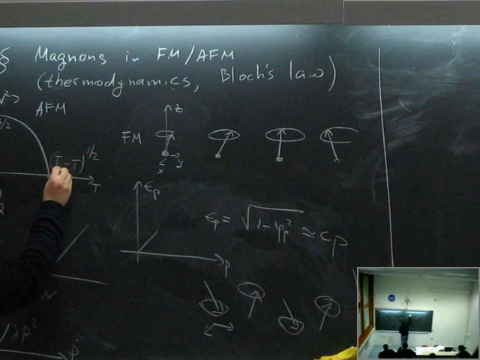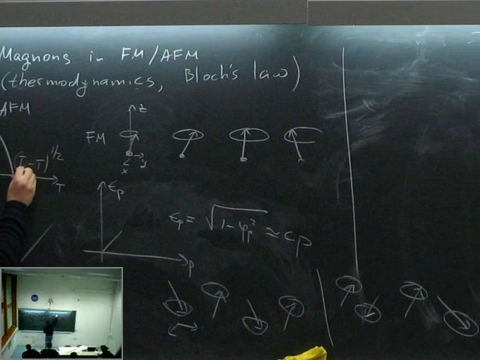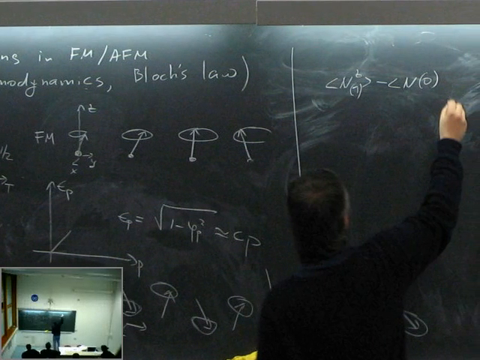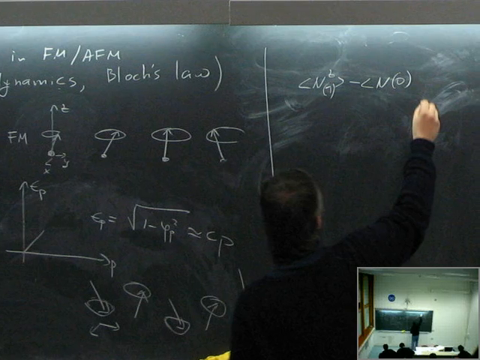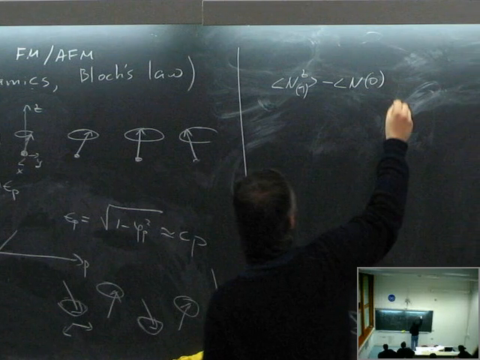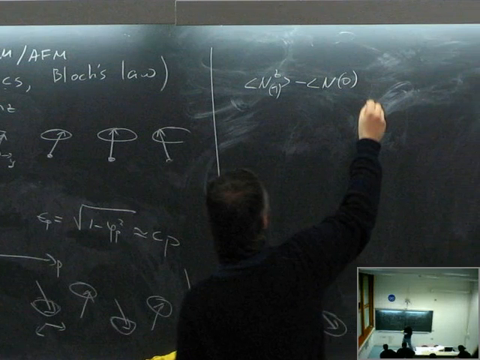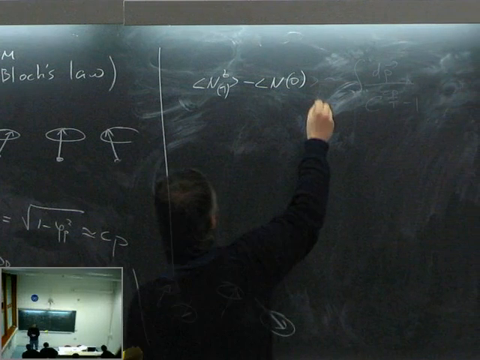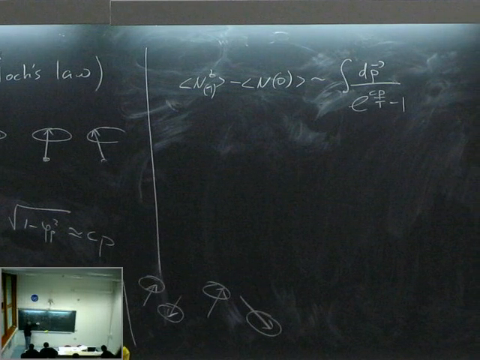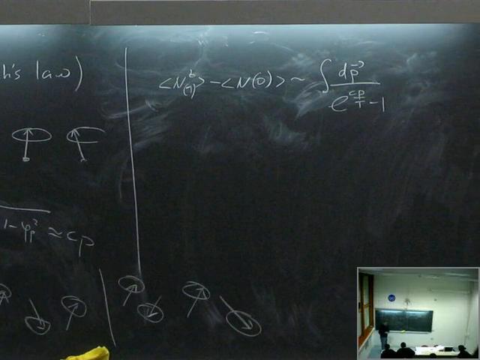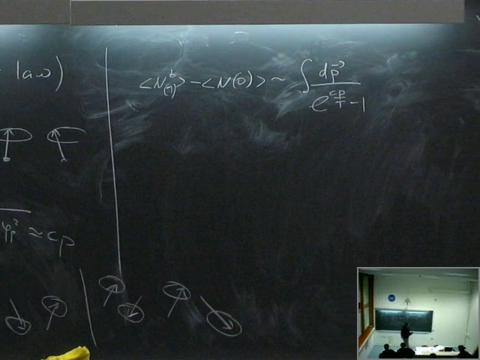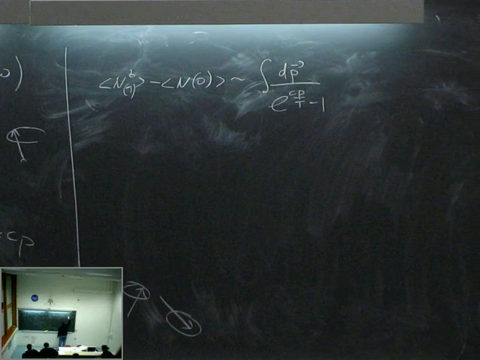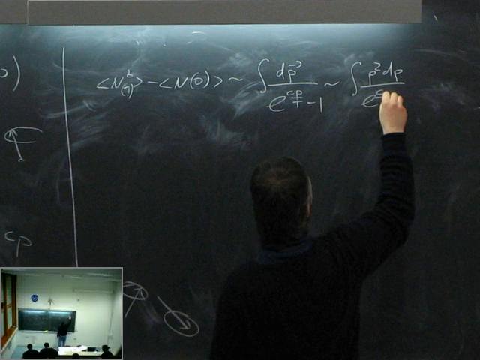If I am interested in N_z minus M, note I need to calculate the integral dp over e to the power C p over temperature minus 1. So the Bose distribution function now contains the long-wave spectrum, which is sound-like. If I analyze this expression for the three-dimensional case, it's p squared dp over e to the power C p over temperature minus 1.